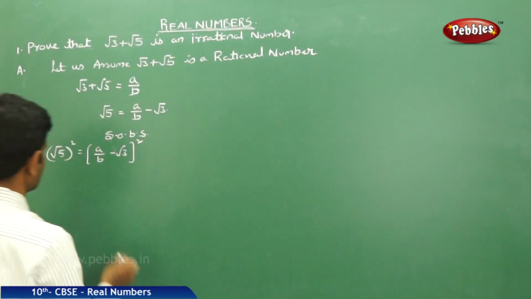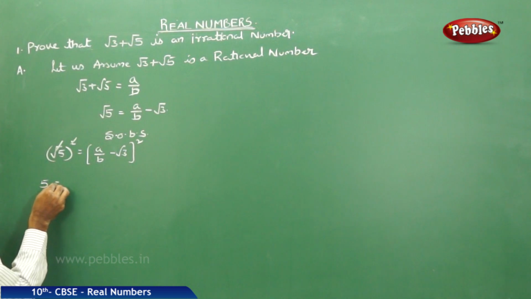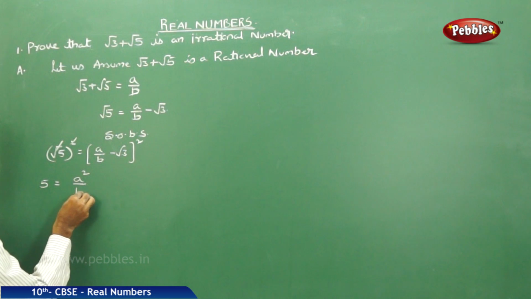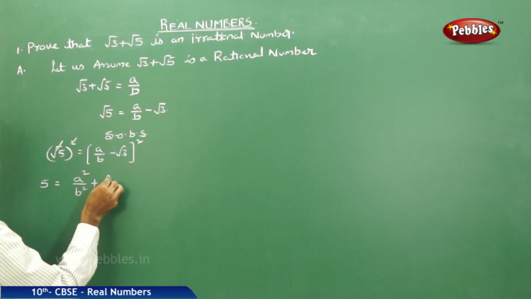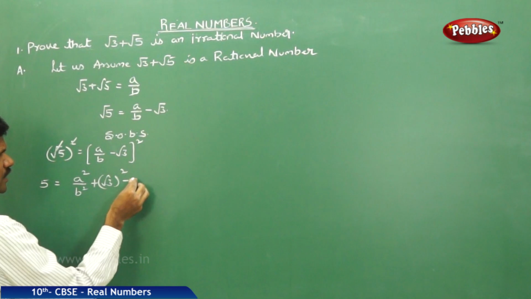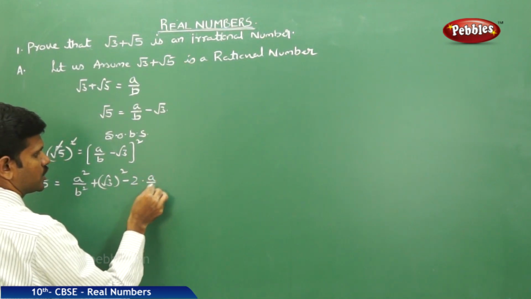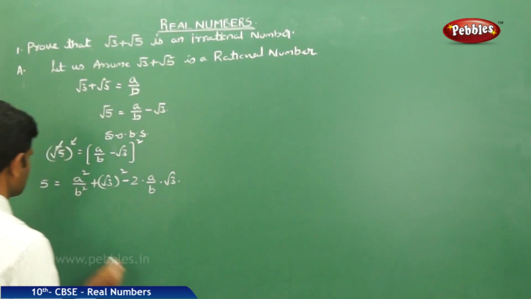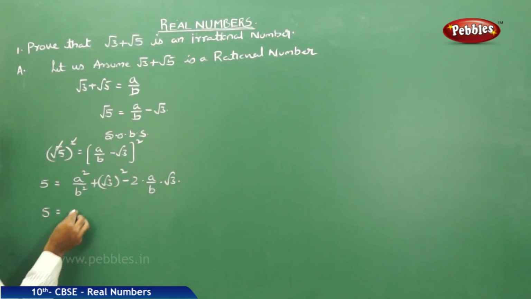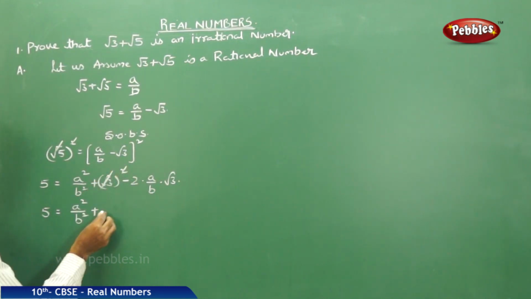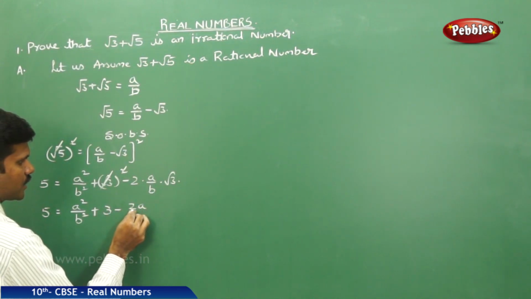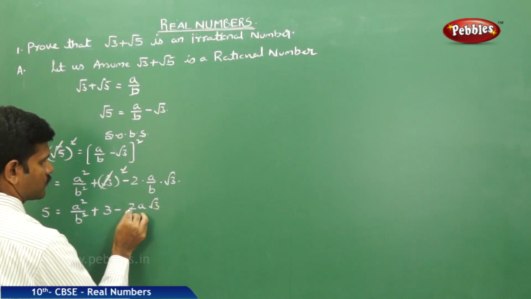The square root gets cancelled, 5 is equal to a square by b square plus 3 minus 2a root 3 by b.